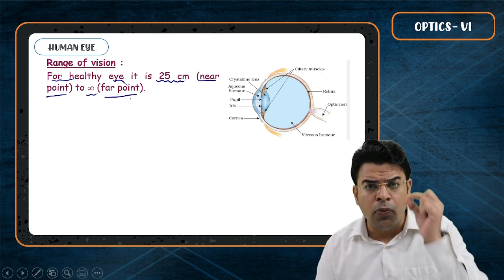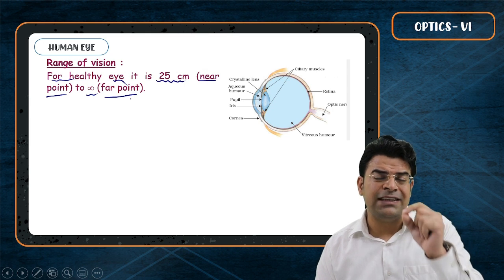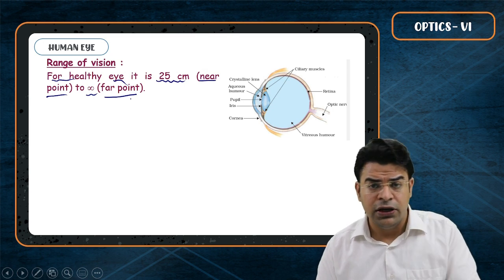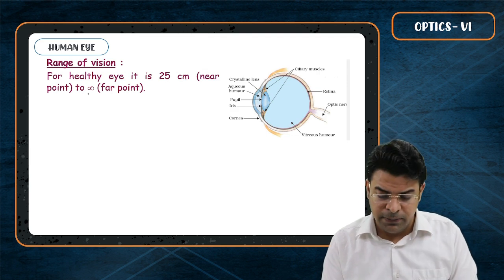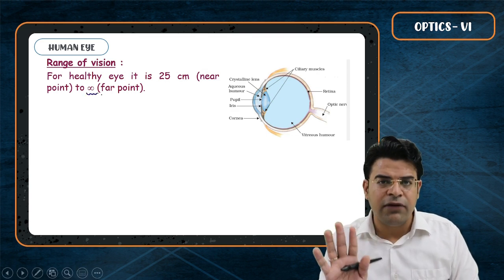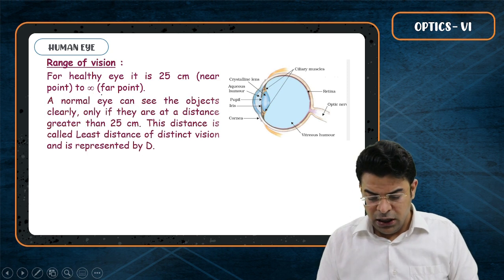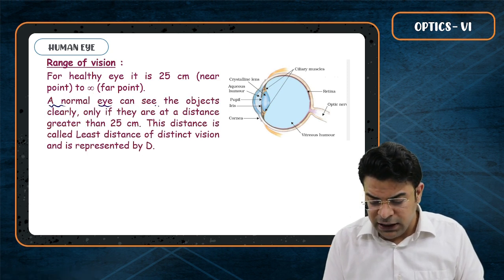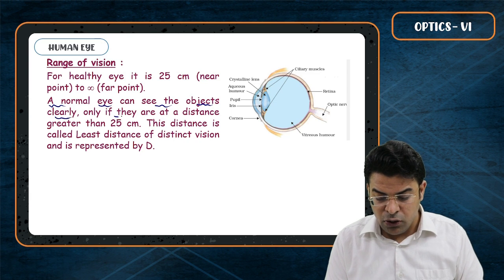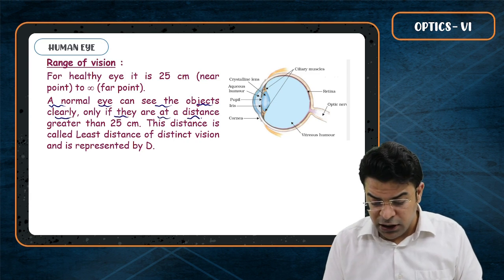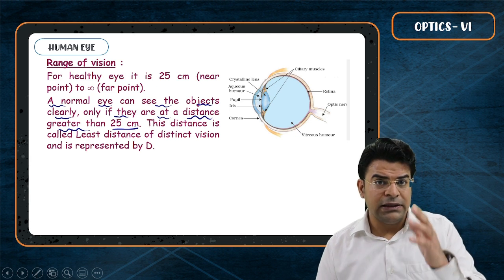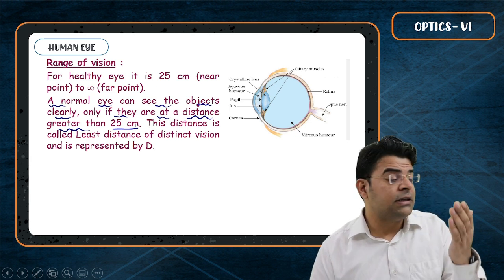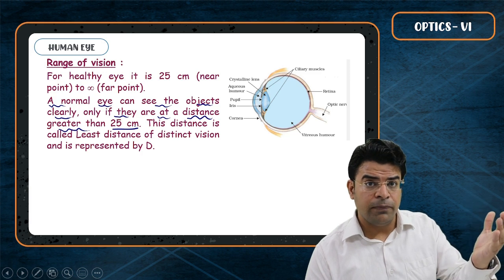Our eyes are most relaxed when we are observing something at our far point, meaning that our eyes are most relaxed when we are looking at something placed at infinity, given that we have healthy eyes. Now, a normal eye can see objects clearly only if they are at a distance greater than 25 centimeter.